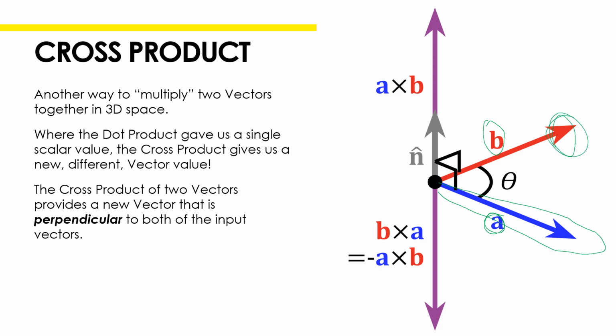When we do the cross product, the result that we're going to get is either A cross B, which you can see is at right angles to A and B, or if we do it the other way around, we are going to get the one pointing down the other way. So with the cross product, the order of the inputs actually matters and will give us a totally different result based on which way we put them in.